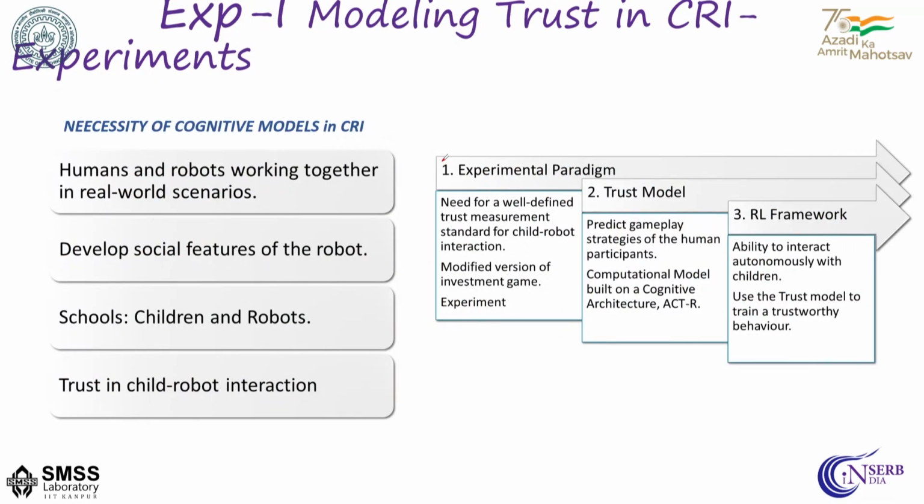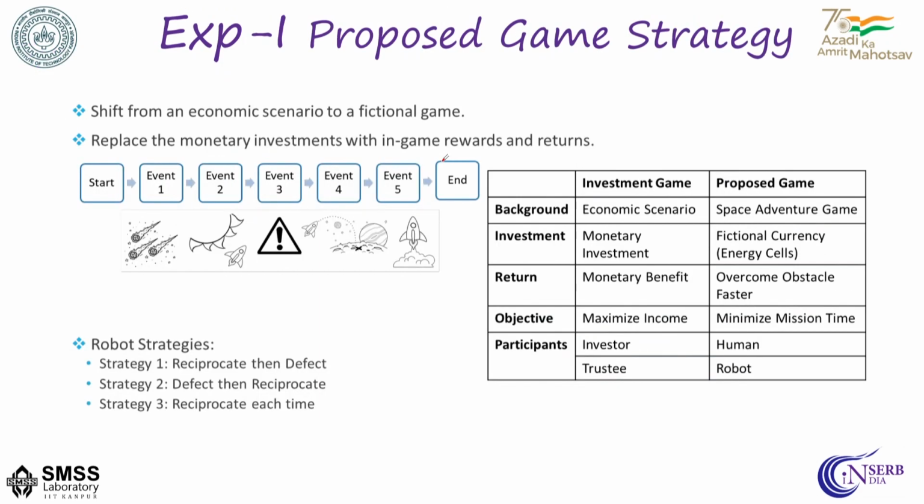Using these, we have done experiments on whether we can create a trust between a child and the robot. Okay. So, that is something that is extremely important for an emotional design. So, here we have designed a game for the child, with certain sequences, and the robot actually plays with the child, and at certain stages the robot asks for energy, and then if the child reciprocates and the robot helps, then it is a good sign that the trust is developing.